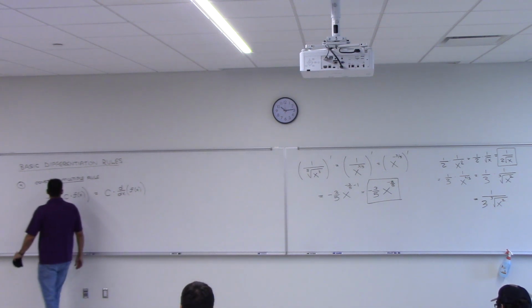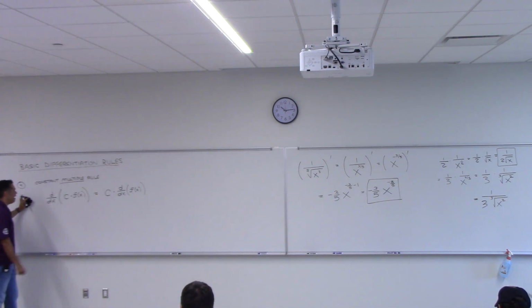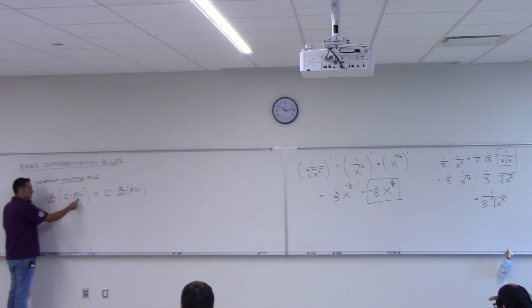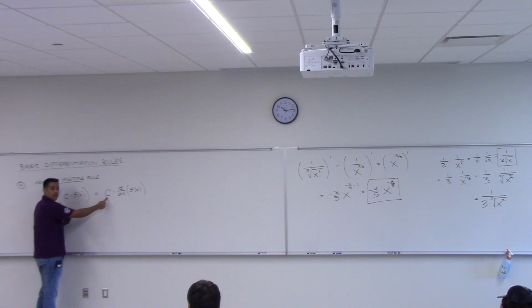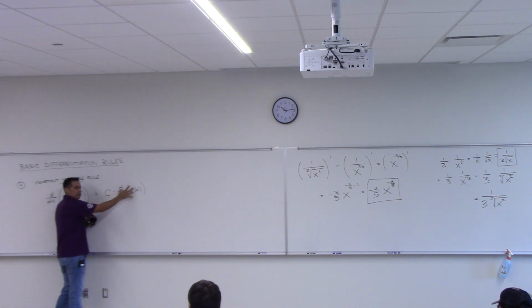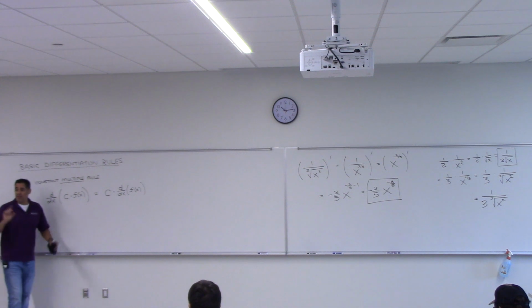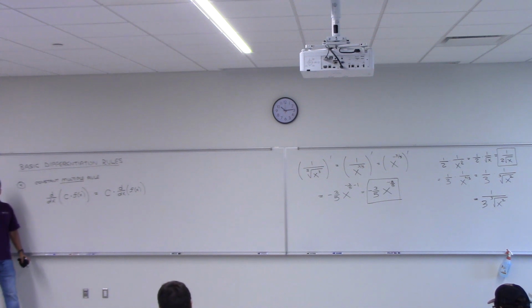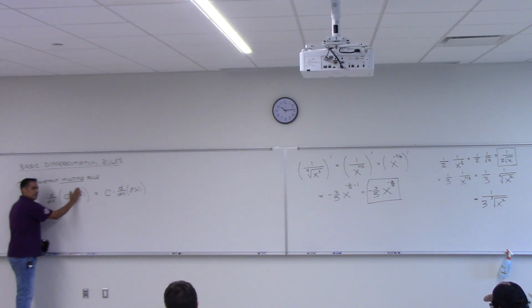So what is this saying? That if I have a constant in front of a function and I want the derivative, the constant's just going to go out front, and then I will take the derivative of the function separately and multiply the answer. Right? So the constant doesn't go to 0, does it? Not when it's attached to a function. If it's just a constant by itself, the derivative is 0.